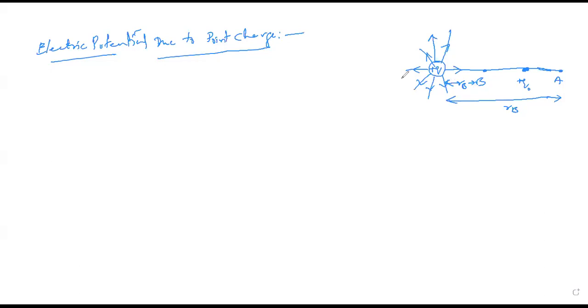So in that case, how do we write the force exerted by the field charge Q on the test charge Q naught? Force exerted at this particular point with respect to the test charge Q naught. What is the formula for force?